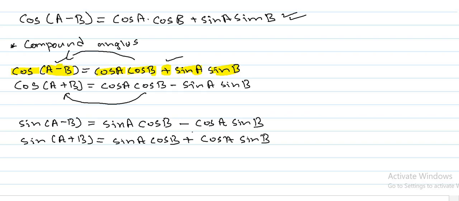You must know how to use the compound angles, but it is also given on the formula sheet. So just to save time, I won't do the tan compound angles because it's not going to be in the exam. So from the compound angles, we get double angles.